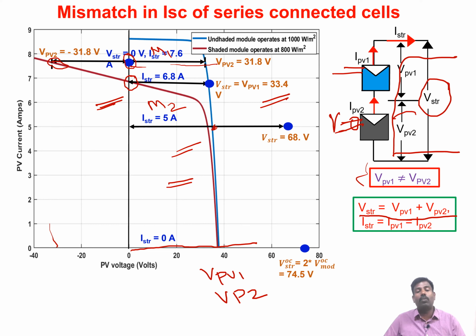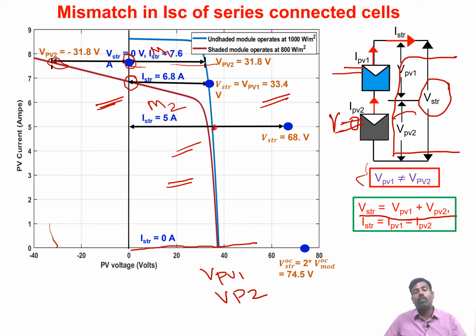So the shaded module is acting as a load and it will try to dissipate heat in the shaded module. So if you allow this to continue further, the module will continue to get heated and it will try to burn.